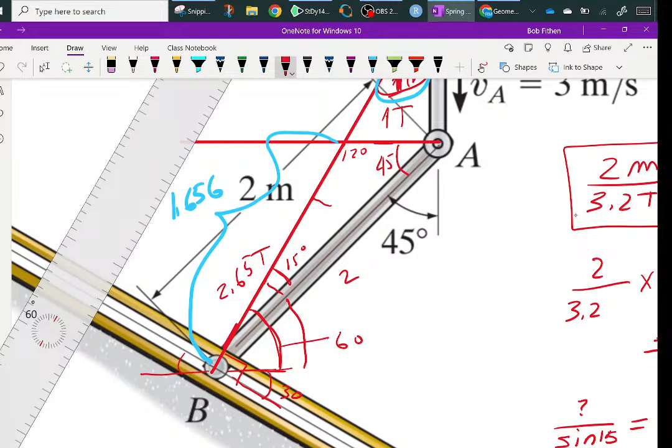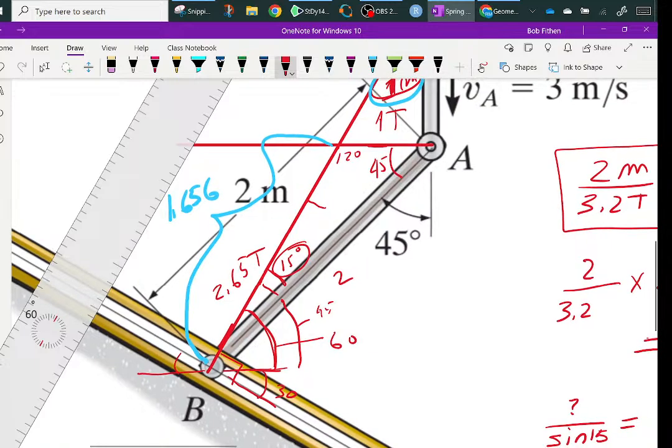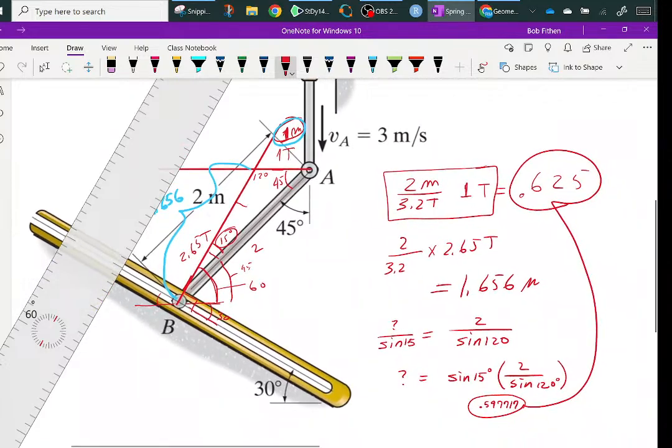And this is 45. Oops, wait a minute. Yeah, that's got to be 45. So this right here has got to be 45. So I think I'm okay. I think that's 15 degrees. That has to be 45. So my old style did not do very good.